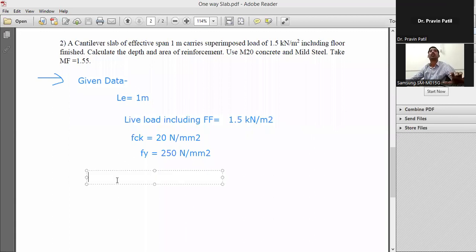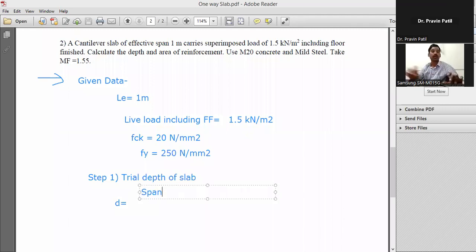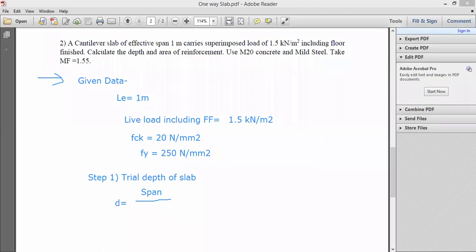So step number 1 for design of cantilever slab: trial depth of slab. Trial depth small d is equal to span divided by 7 into modification factor.